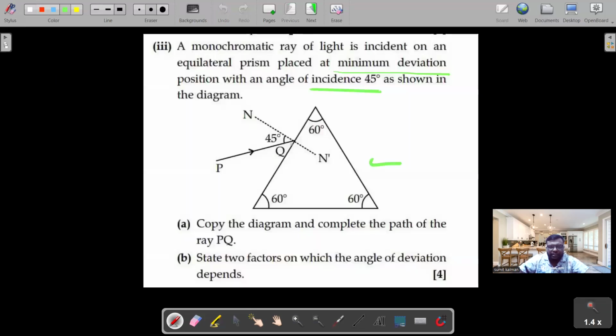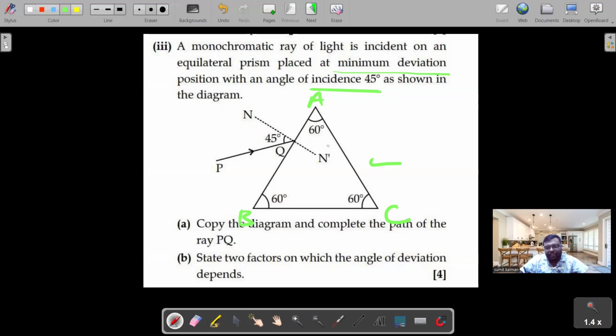Just see here when ray PQ will get refracted from this surface, let it be A, B and C. Here when ray PQ will get refracted from side AB of the prism, it will be incident on the side AC of the prism.